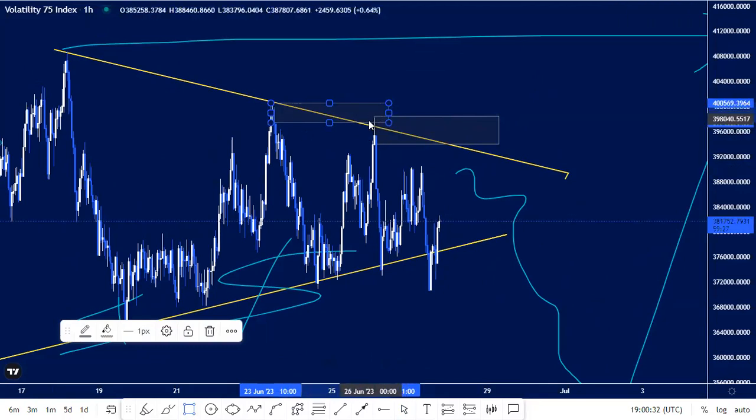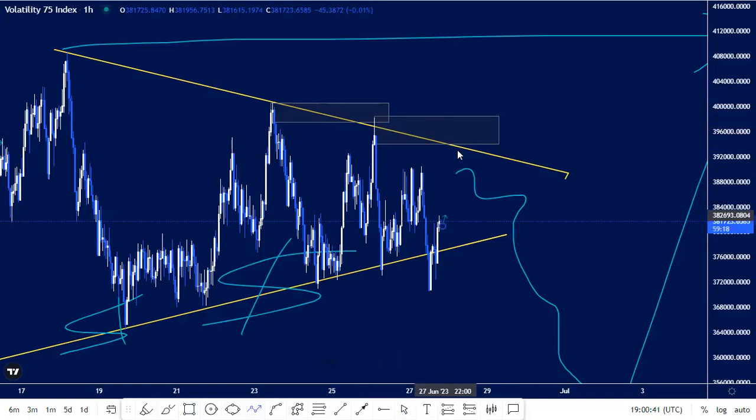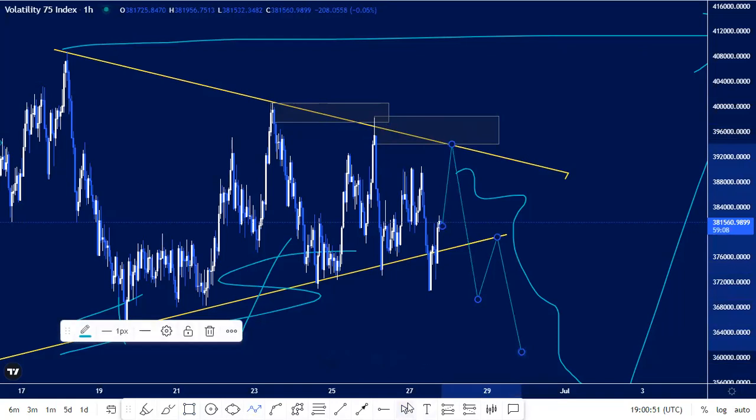Market tapped the pending orders, and this is all profit. So now what we are looking for is to come into this supply. This supply was not tested, so it can come there, go all the way down, break and retest, go all the way to where we are expecting.